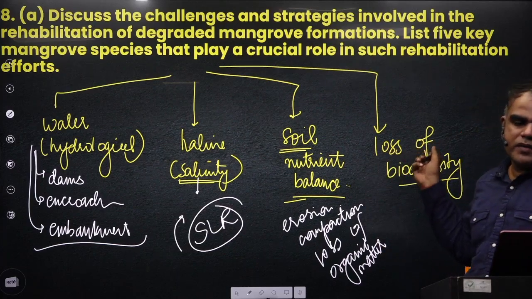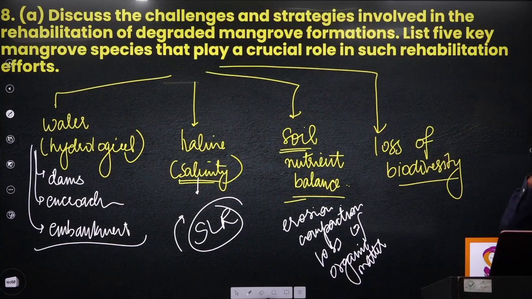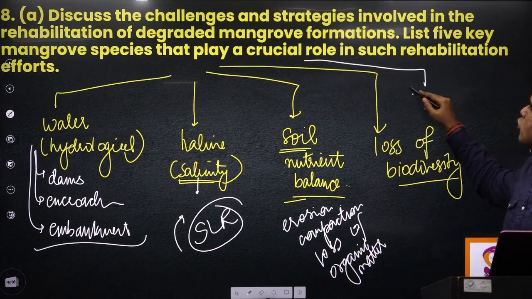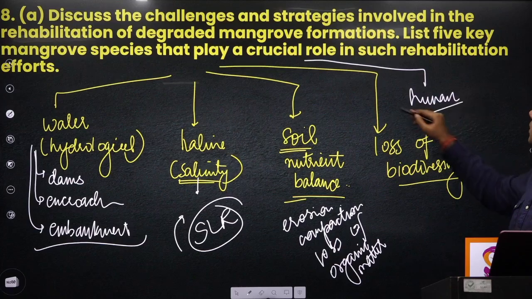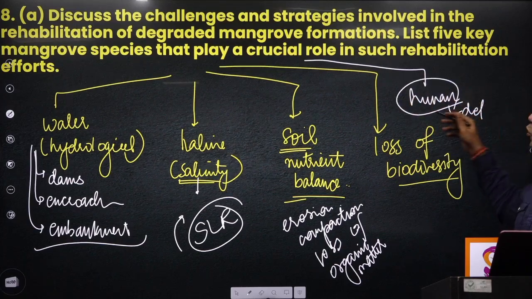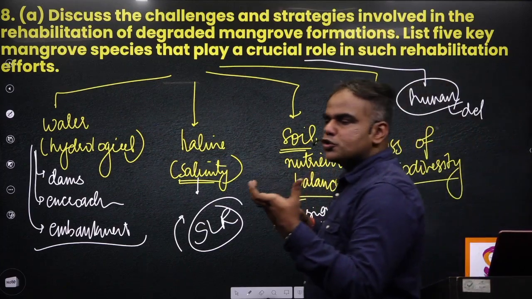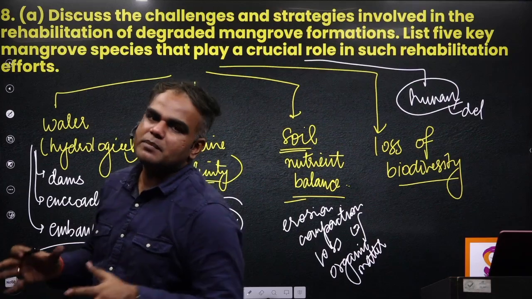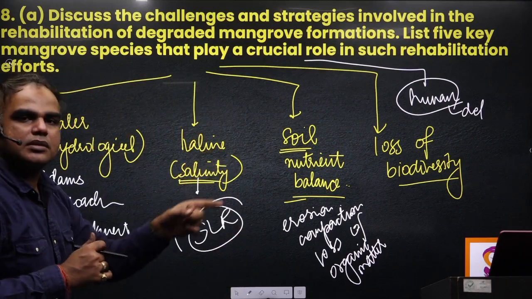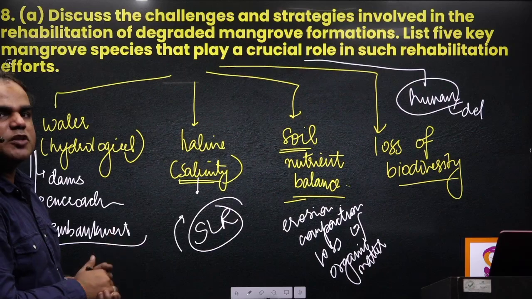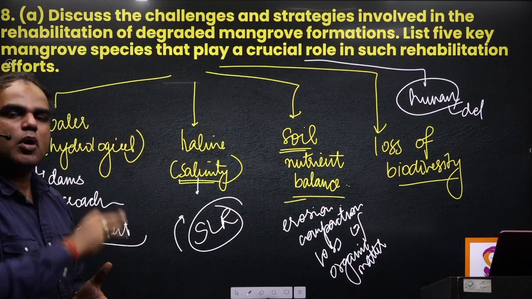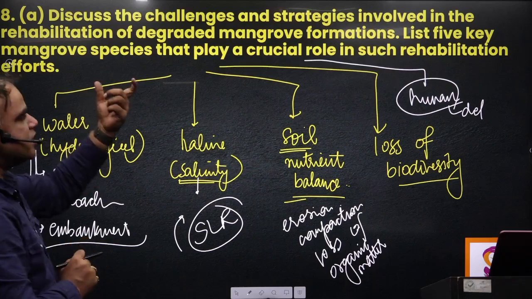Loss of biodiversity in any way is a problem. Another challenge is increasing human pressure, from deforestation to encroachment, another point you can link. Plus the propagules or natural regeneration itself may also be hampered in these regions, as propagules may not be very present. So all these points are the challenges.